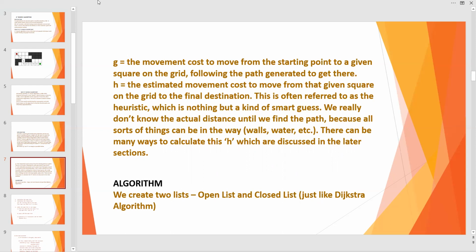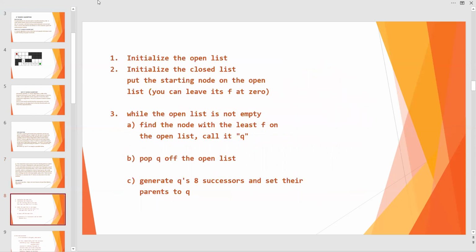Algorithm: we create two lists, an open list and a closed list. Initialize the open list, initialize the closed list. Put the starting node on the open list.